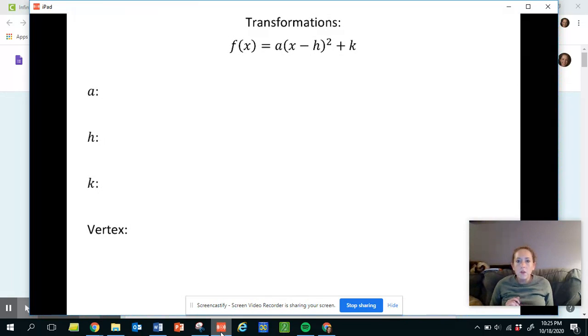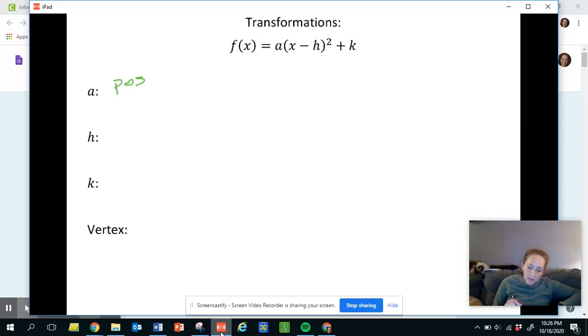All right, so as far as transformations, this is definitely something that you'll want to write down to have as a reference somewhere. So you should have seen in the activity, if you did it on Desmos, that A can affect the graph in one of two ways. First, you want to look at if A is positive or negative.